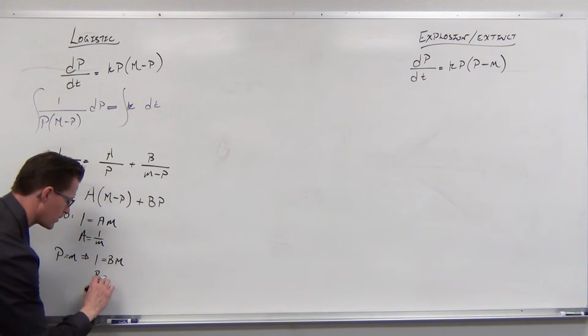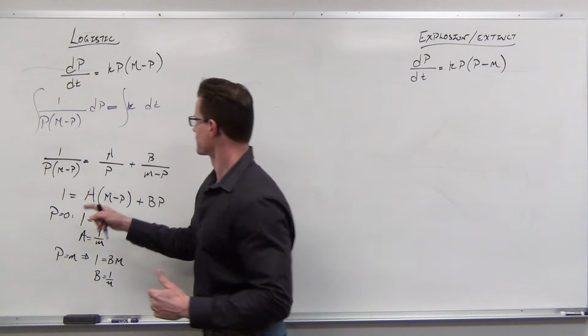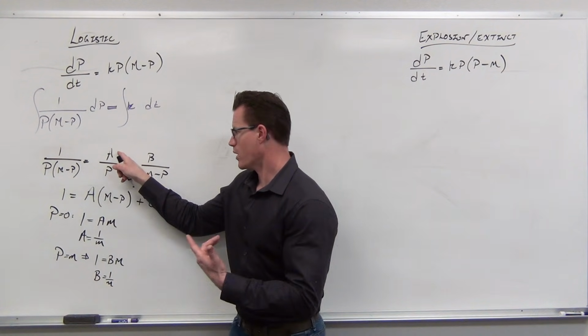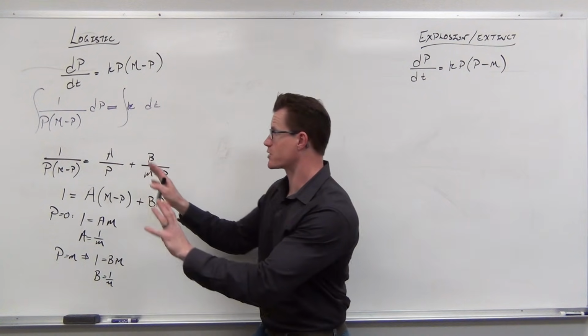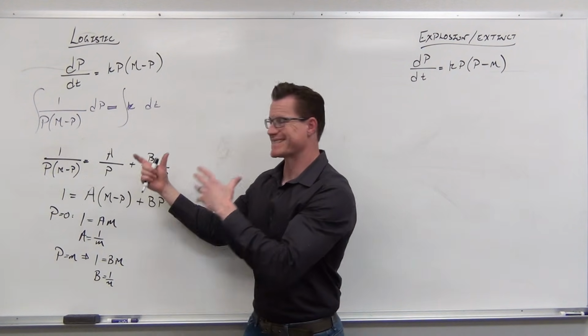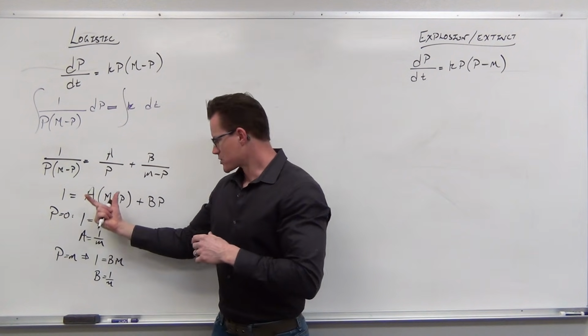And B would equal 1 over M. So in both cases, we're going to get 1 over M. So we've used partial fractions. If you don't remember that, I'm going to put a link up there so you can follow partial fractions again.